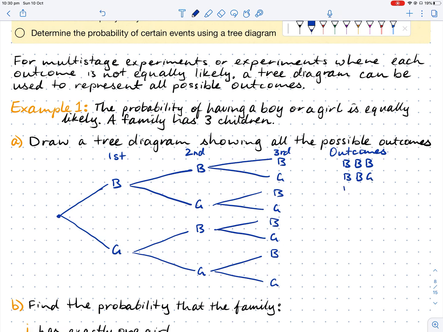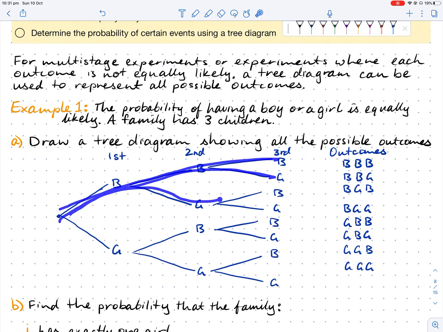And then if we keep writing these out: boy, girl, boy; boy, girl, girl. We started with a girl and then have 2 boys; girl and then a boy and another girl. You could have had 2 girls and a boy, or you could have 3 girls as well. Okay, so those are the different outcomes, and basically it's just looking along each of these branches in order to work out each of those outcomes.